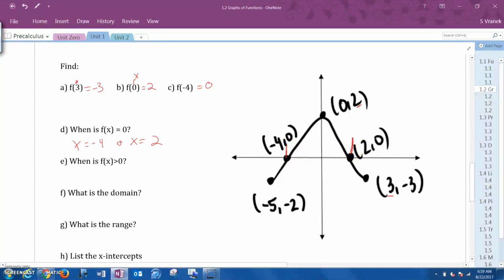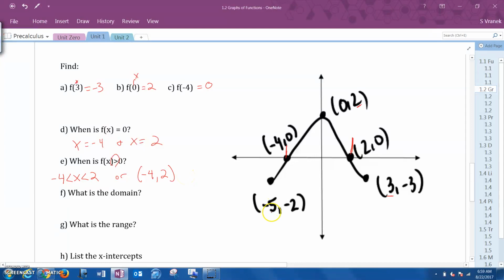So I'm going to write that in interval notation, but I'll write it both ways. So if I use the inequality, I would say it's greater when x is between -4 and 2. Or you could have written it in interval notation, which we talked about on the first page. And since it's not equal to 0, we don't want to include those values because they're equal there.